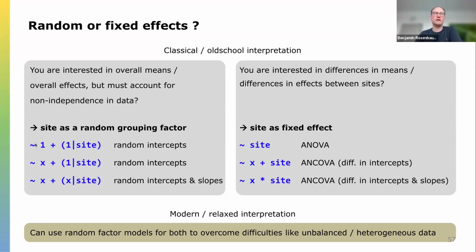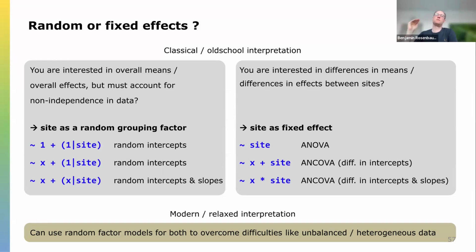So either just a random intercepts model, or if you have some other factor or variable, also random intercepts and slopes. However, if you are actually interested in the differences between sites, then you wouldn't use a random effects model.